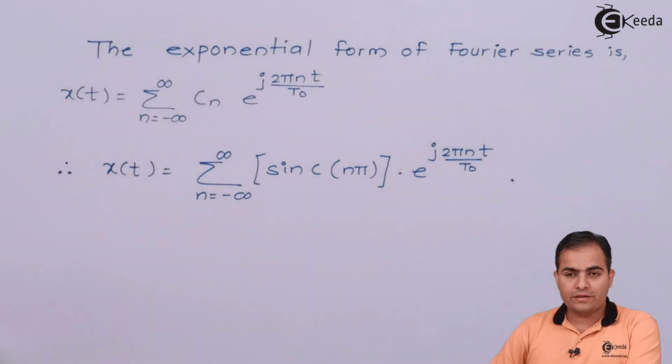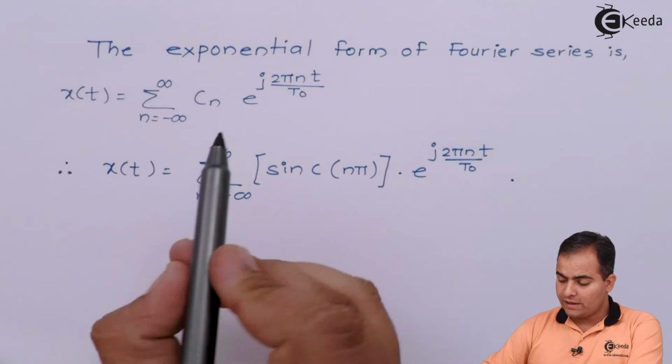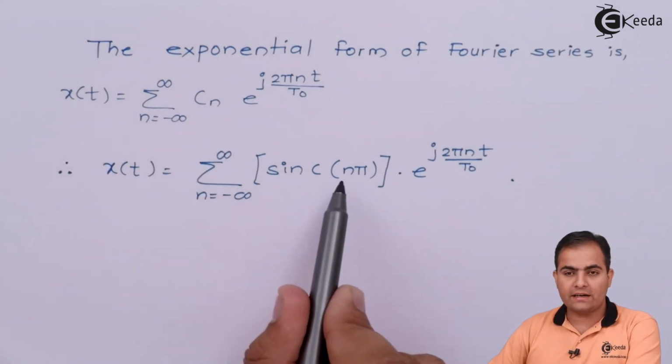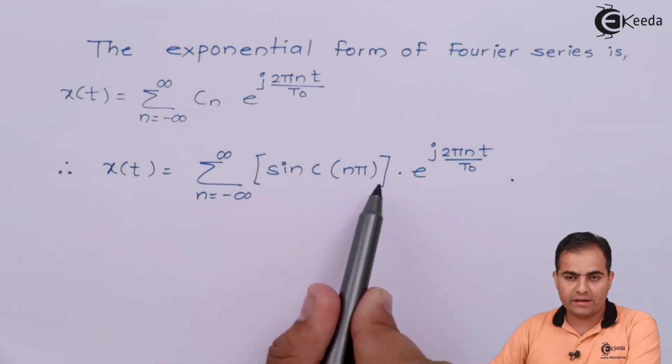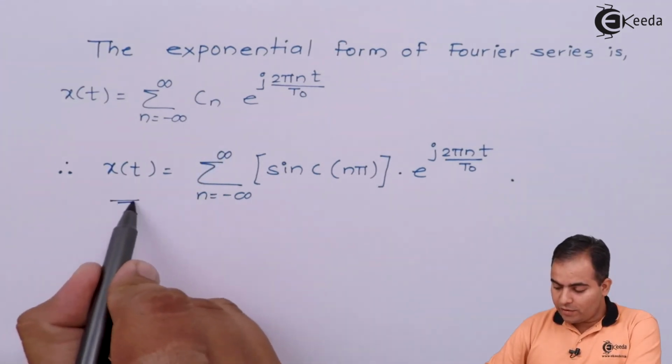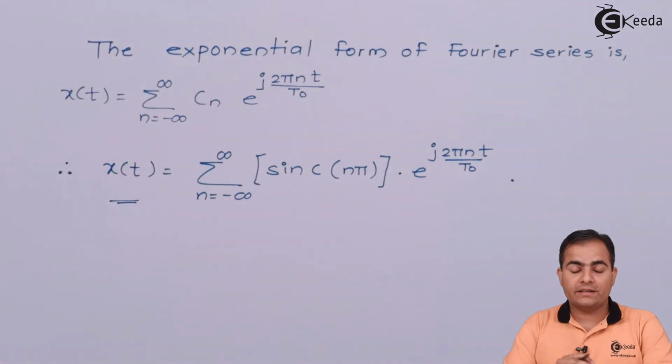This is the standard definition of the exponential form of Fourier series. I have substituted my Cn value, that is sinc theta, that is sinc n pi, in this formula. So this is all about the definition and the equation of the exponential form of Fourier series, and this is our solution. Now we will solve the next numerical in the next video.